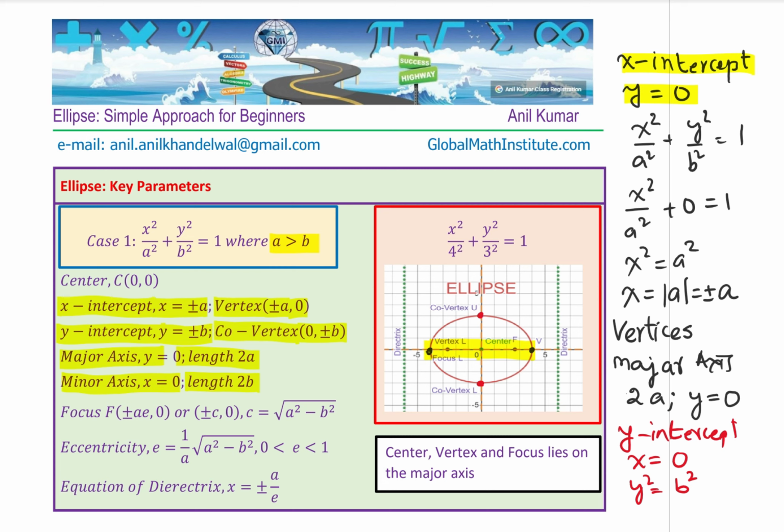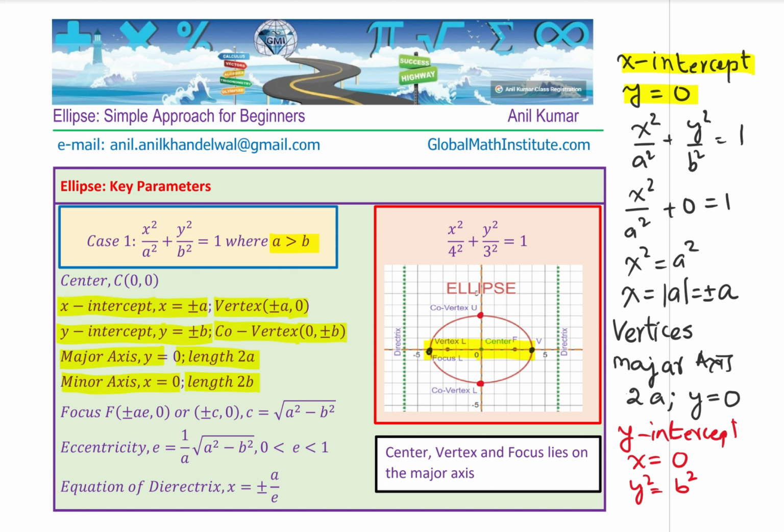Now, how do we find the focal points? F, the focus. For that, we'll derive a formula in another video. Here, we are keeping things simple and straightforward. So, the distance which gives us the focus is now defined as c, or in terms of the eccentricity. Remember, we said that the ratio of the distances is constant.